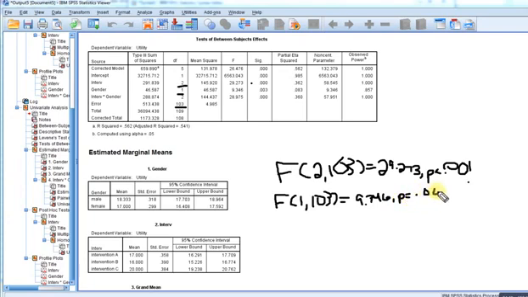And then for the interaction effect, it would be reported using F, and you can see you've got 2 degrees of freedom between groups and 103 for the error. So you can see that the degrees of freedom error are the same, irrespective of which effect you're talking about. Then we would say 28.975, and once again we'd be using p less than 0.001.